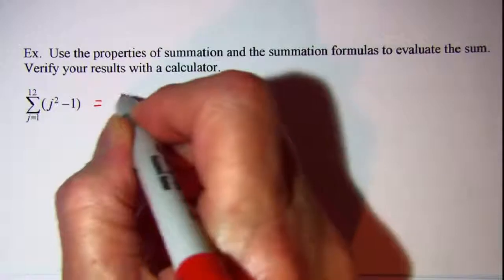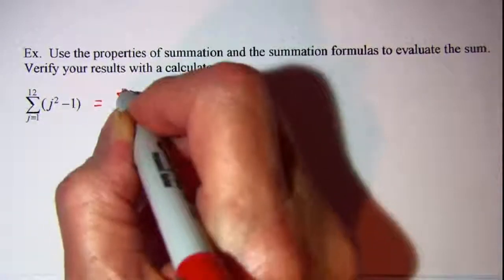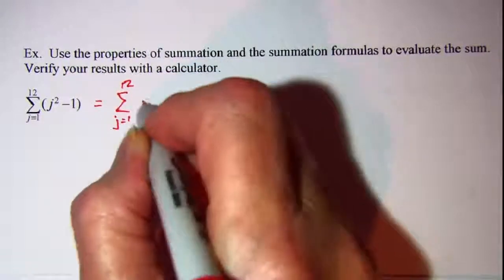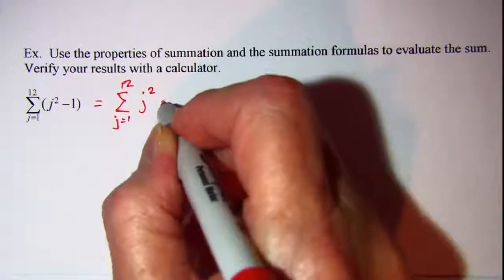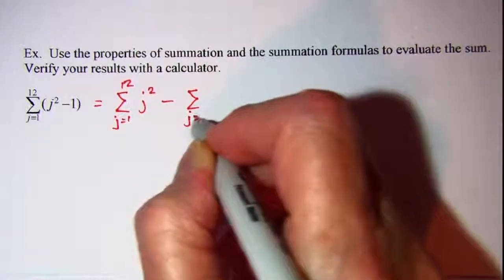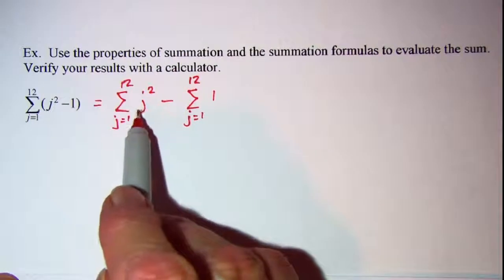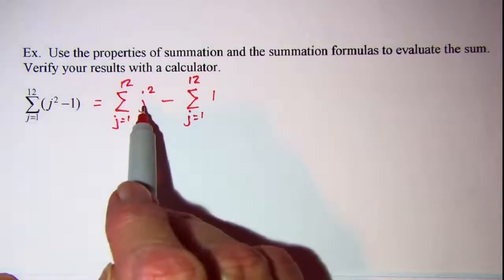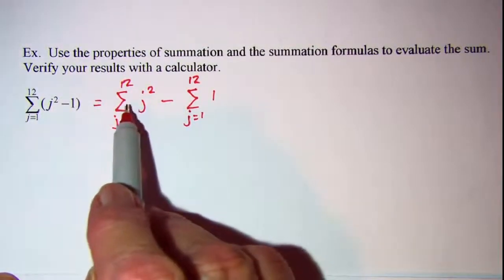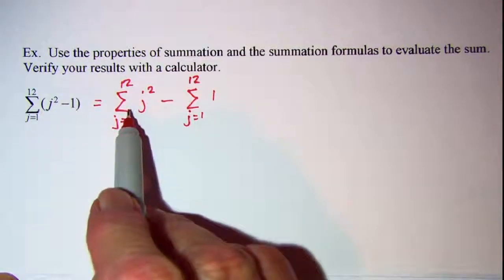So we have summation as j goes from 1 to 12 of j squared. Subtract the summation as j goes from 1 to 12 of 1. We'll use the third formula that tells us i squared.